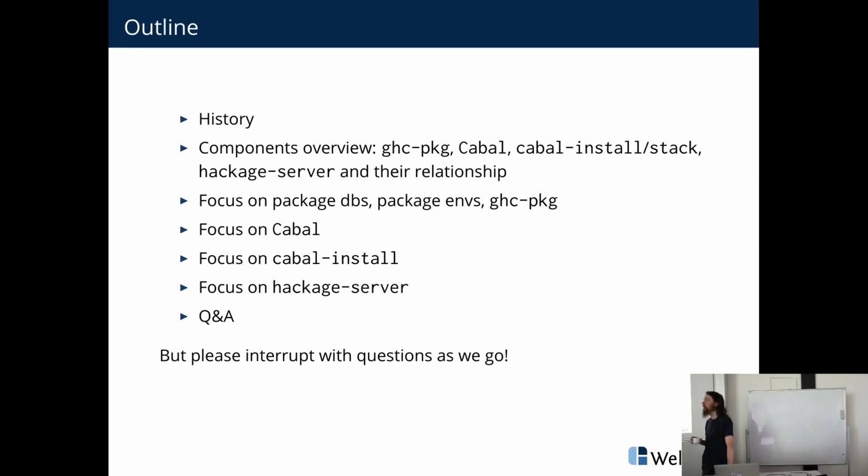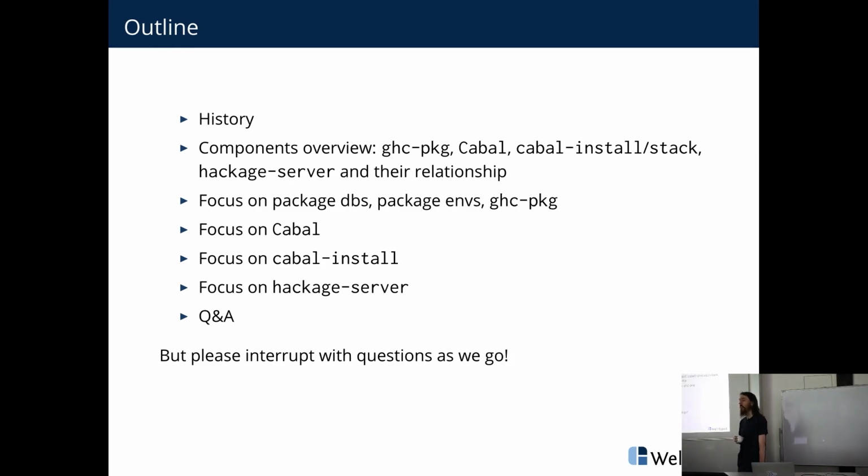I'm going to start by talking about some history, because actually these projects are quite old now. The beginning is 20 years ago, so quite a lot has happened in that time, and I think it's really useful to understand some of the history, because it helps with understanding why things are the way they are.